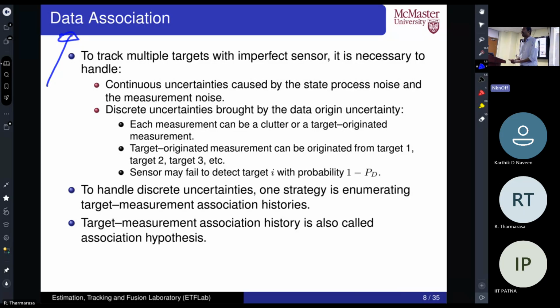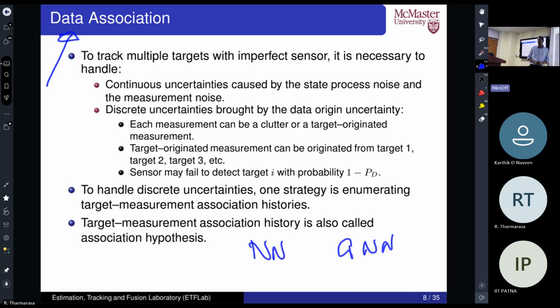Mostly, the trackers are named by the data association. That way, you see that there are several ways to do the data association. In this course, I am going to talk about the simplest way to do data association, that is called nearest neighbor or global nearest neighbor. That is the approach that we are going to study.